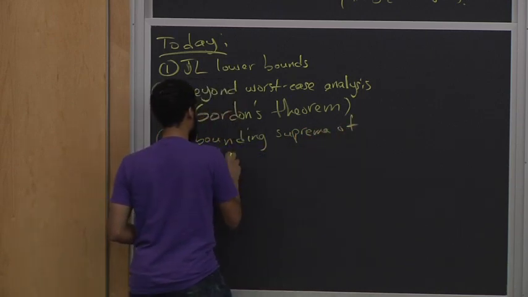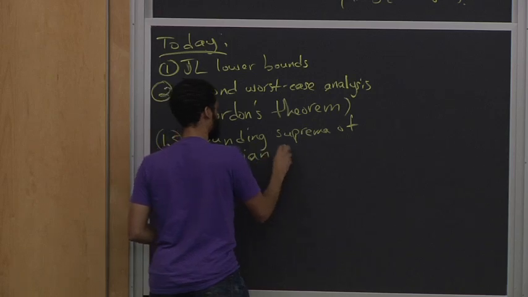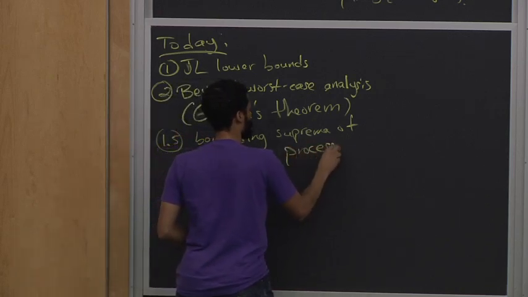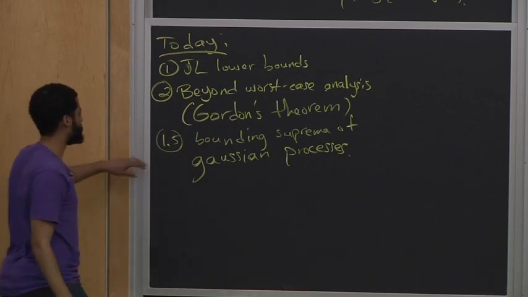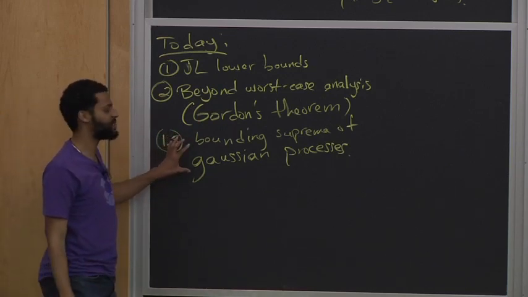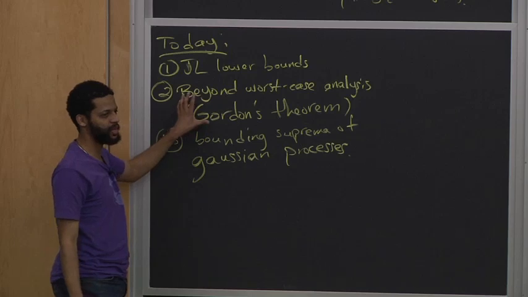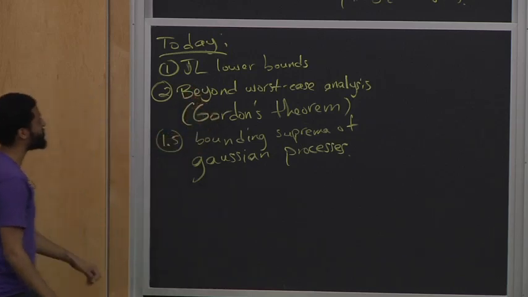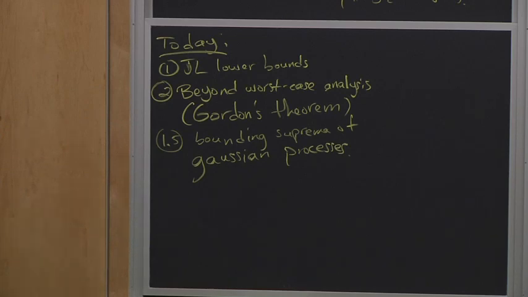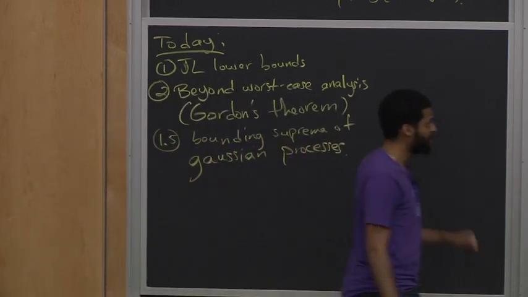I'll say more what that means when we get there. But it's just a little preliminary stuff I should cover just so that you can appreciate some of the terminology I'm going to be using in Gordon's theorem. Okay, good. So let's start off with lower bounds.